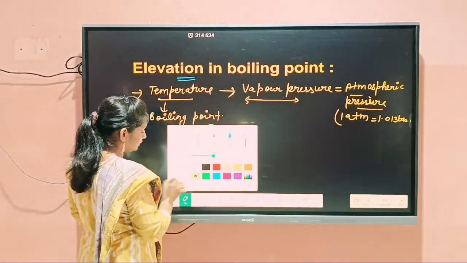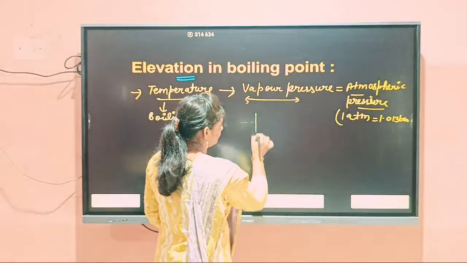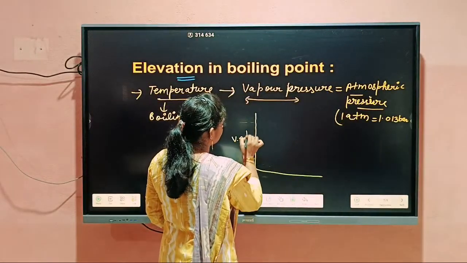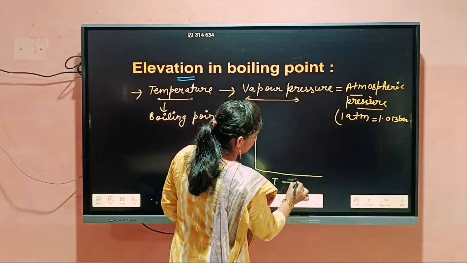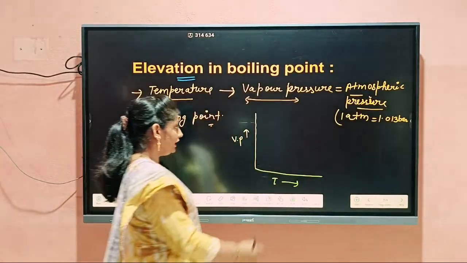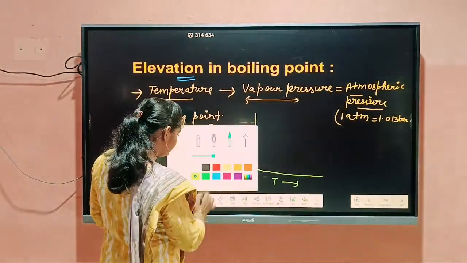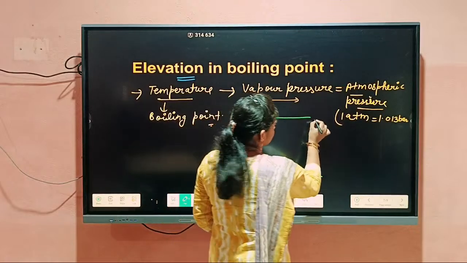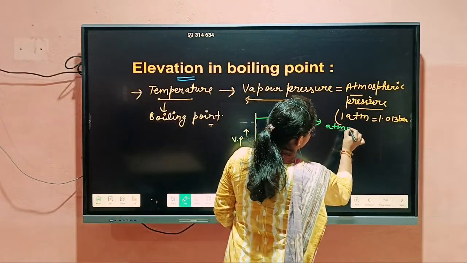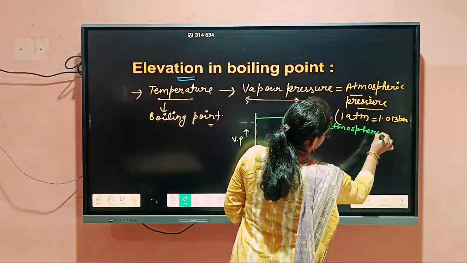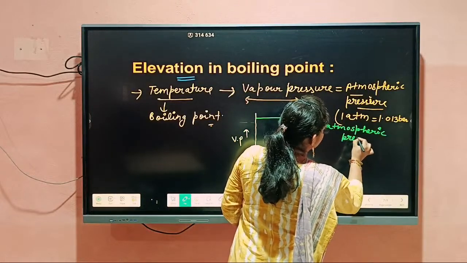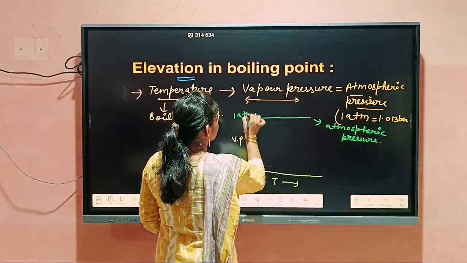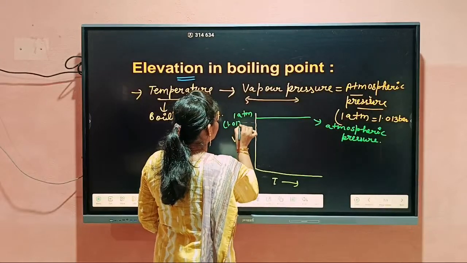Students, let us consider we draw a graph of vapor pressure versus temperature. Let us consider this is the atmospheric pressure. It is equal to either 1 atmosphere or 1.013 bars.